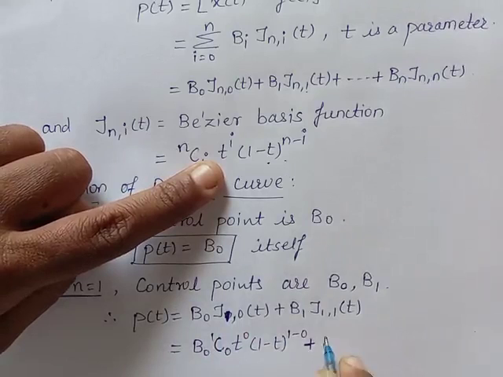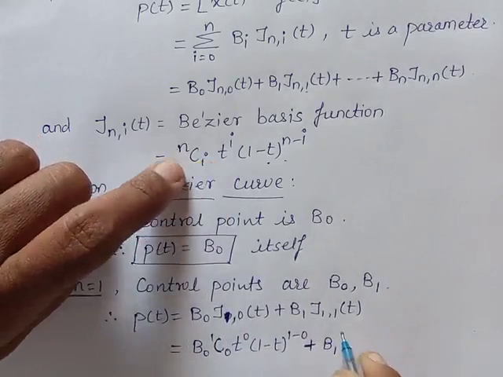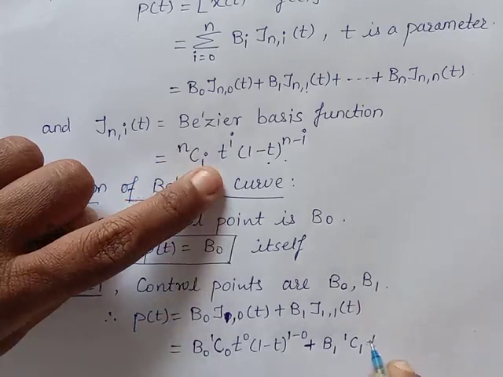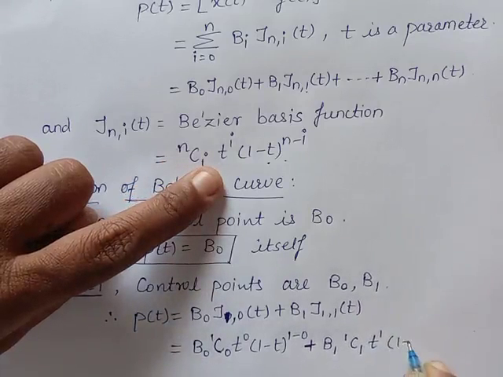Plus B1 into 1C1, t raised to 1, (1 minus t) raised to 1 minus 1.